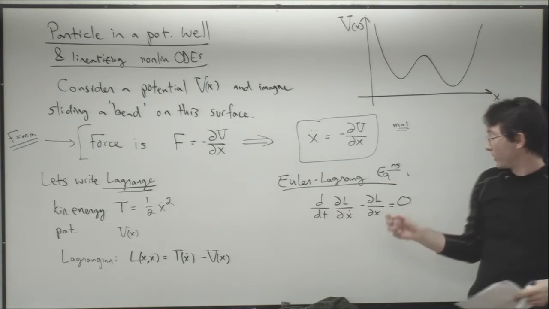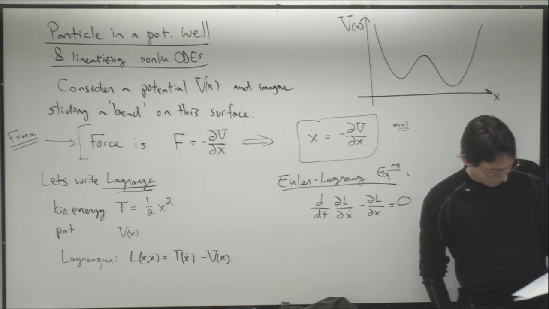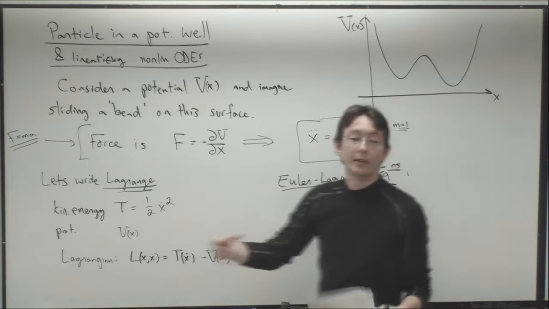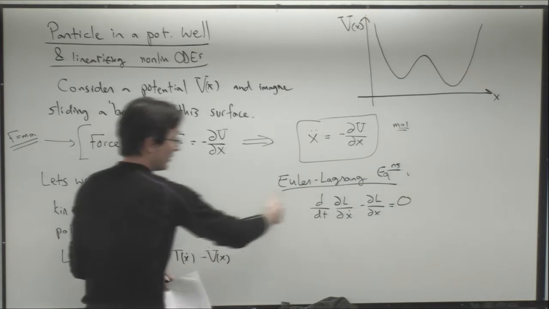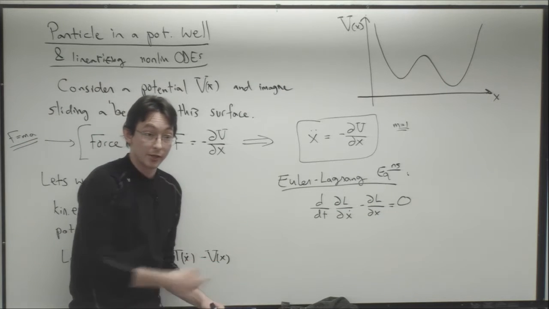If I have external forcing, then there would be some generalized force or torque on this right-hand side. I'm not deriving this. I'm just showing you what it is. These are the Euler Lagrange equations if I write my Lagrangian as kinetic minus potential energy.